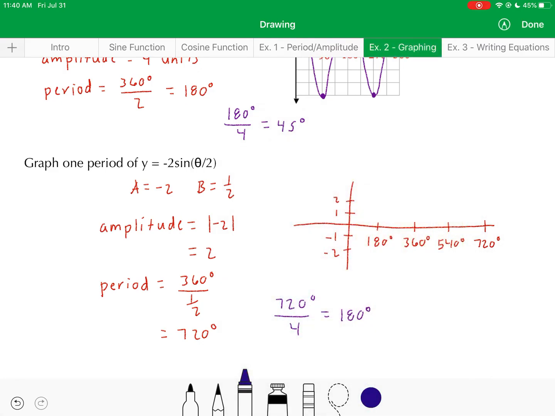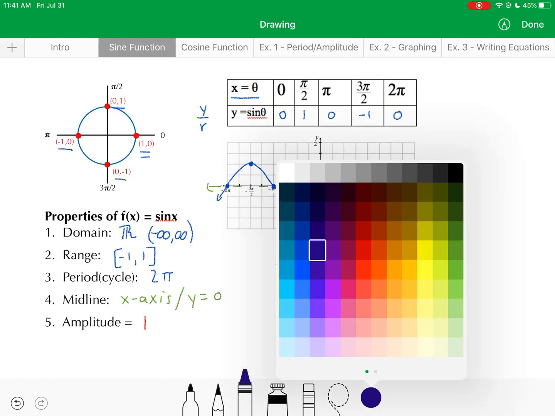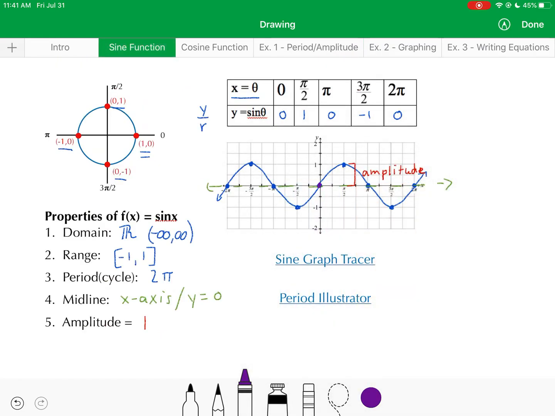So this is the sine function built into this equation, and normally the sine function starts at the origin, right? So that's not going to change here. First point will be at the origin, and then normally for my next point, after that first critical point at the origin, you move a quarter of the period to the right, and then you go up 1 unit to get to this point, right?